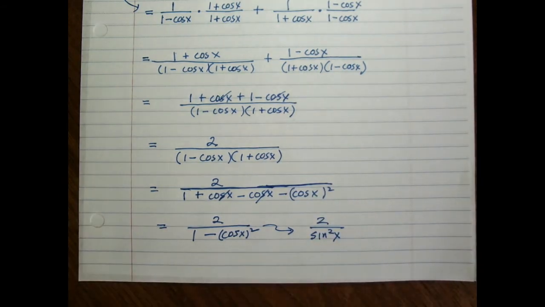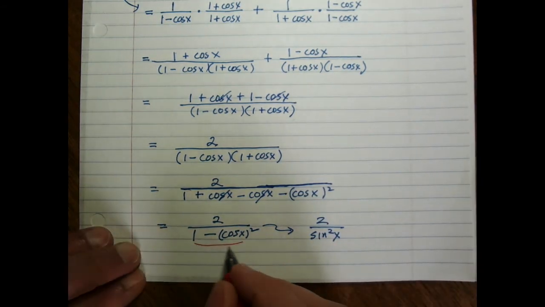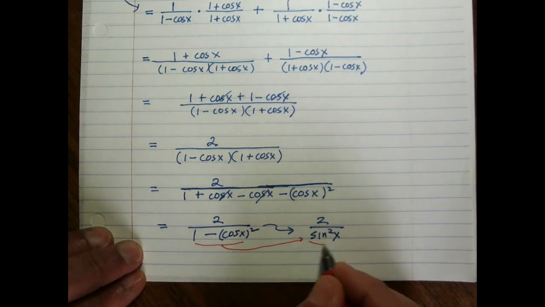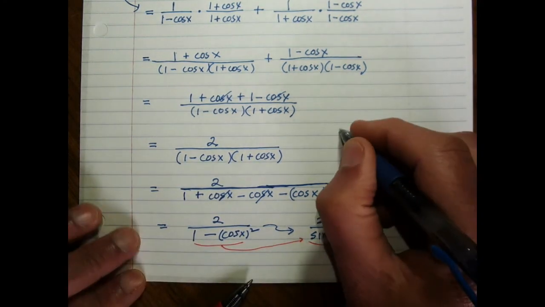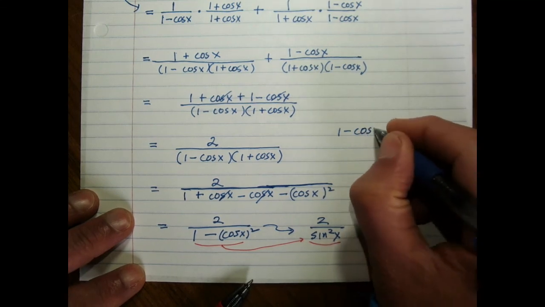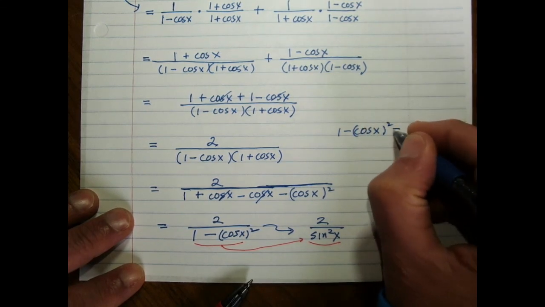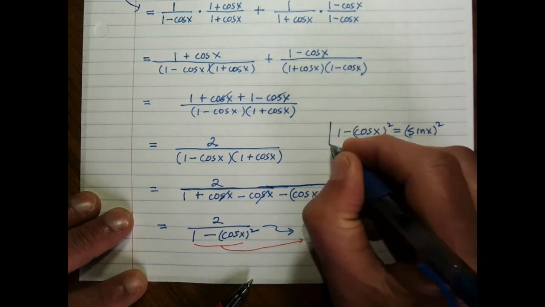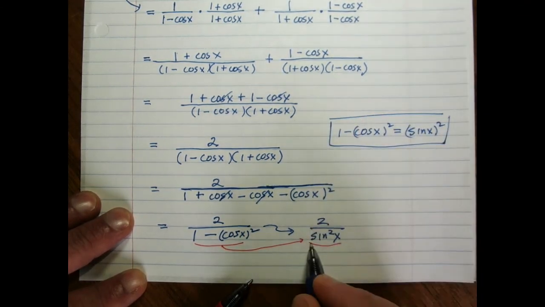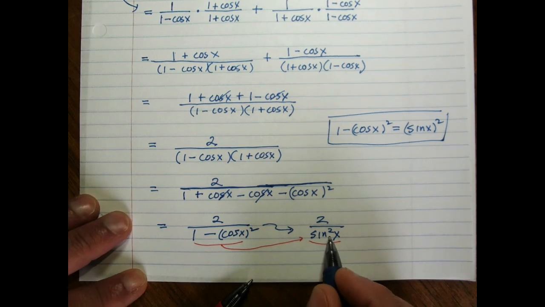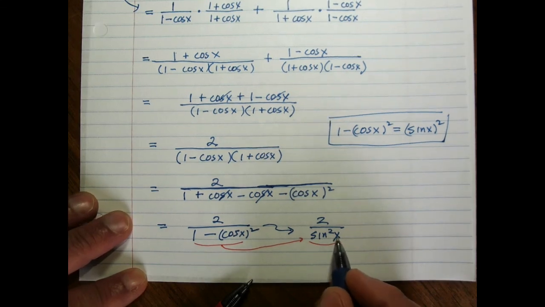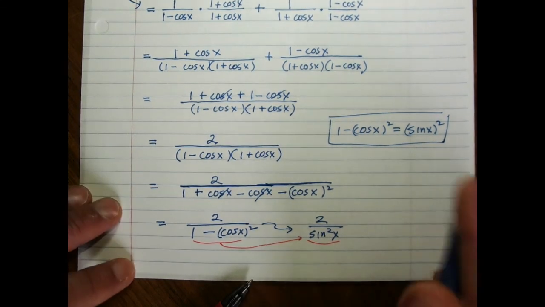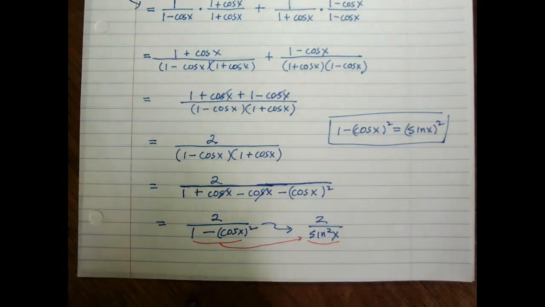We're replacing 1 minus cosine squared with sine squared. 1 minus cosine x squared equals sine x squared. And I'm sometimes using that shorthand where I write the square between the sine and the x and don't write the parentheses, but it means the same as that.